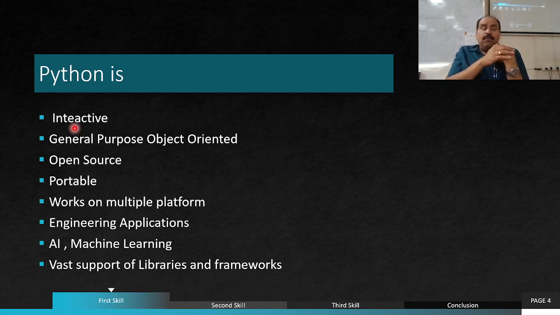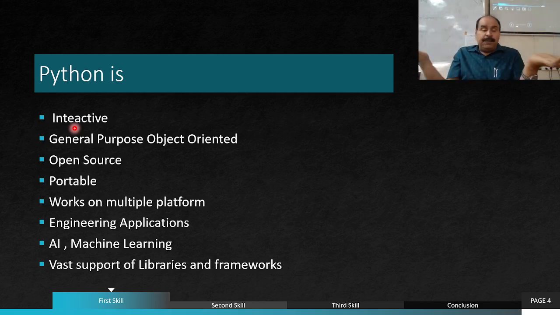Open source, of course, we have already discussed. Portable. Portable means it can be used on all platforms. Whether I am using a Windows laptop and you are using Ubuntu, we will still be working in the same fashion. It is portable in the sense that it can be used anywhere, easily.